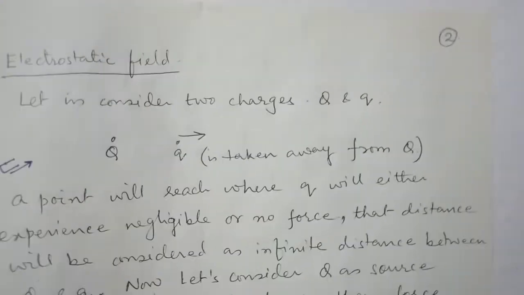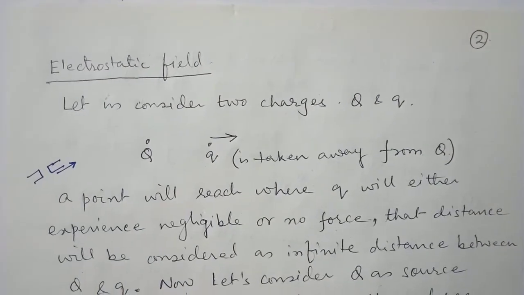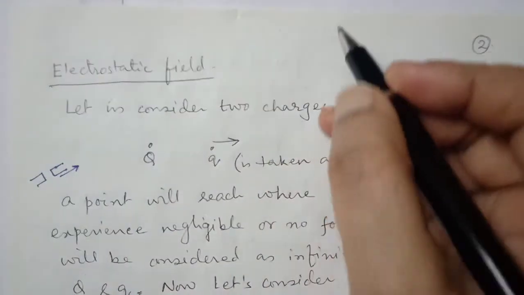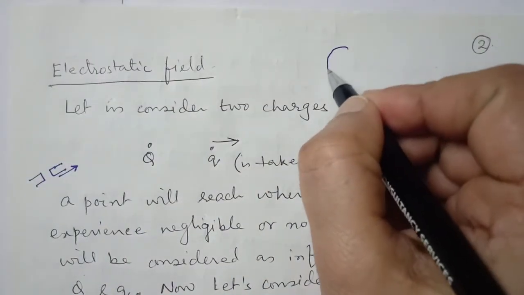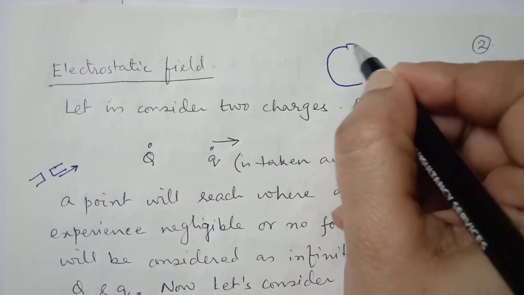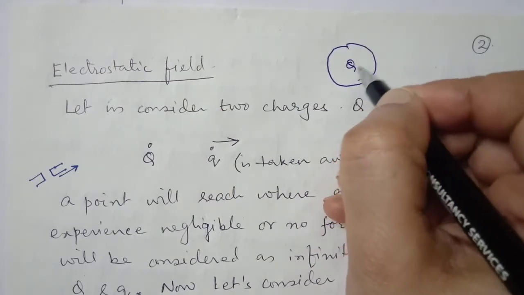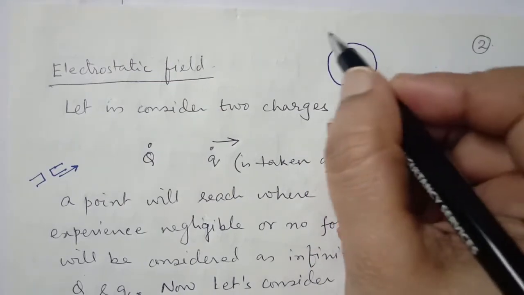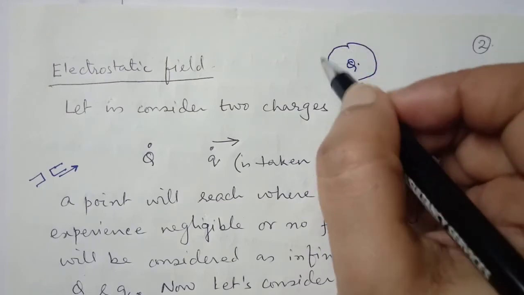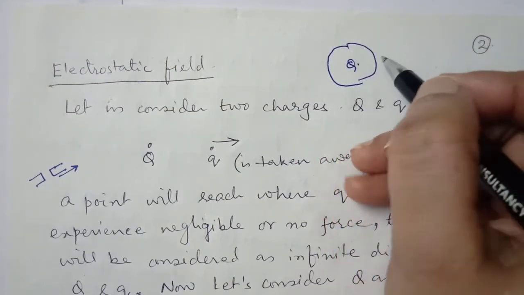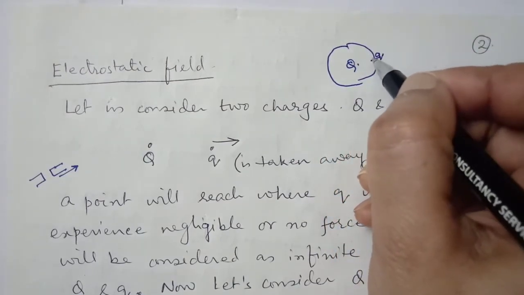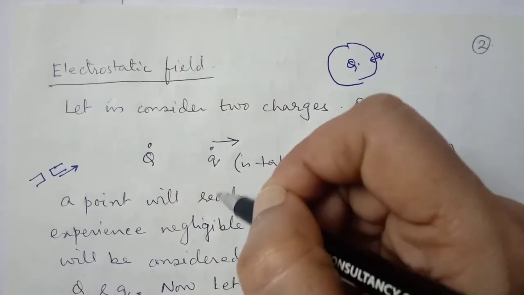Now we go ahead with the next concept of electrostatic field. Electrostatic field is simply a region around a charge. If I consider this charge, there will be a region around it where, when another charge q enters, it experiences force.